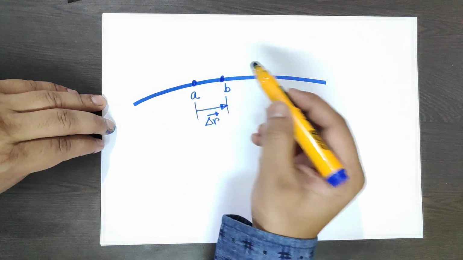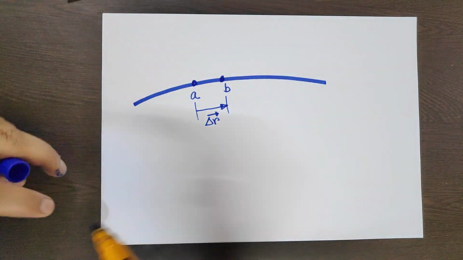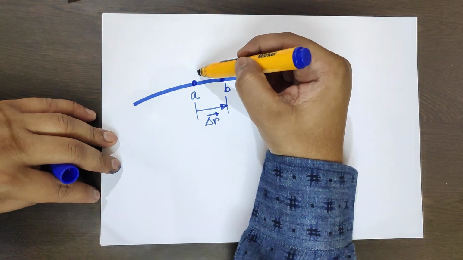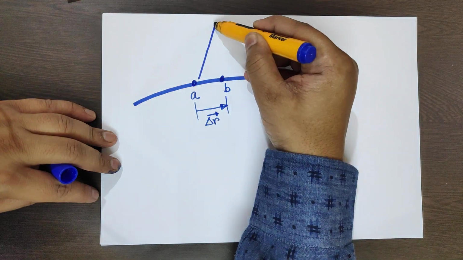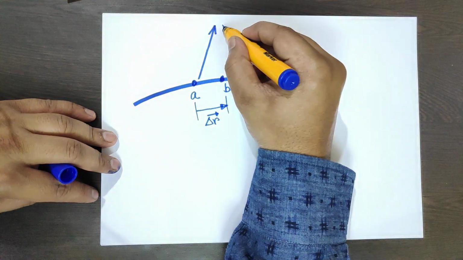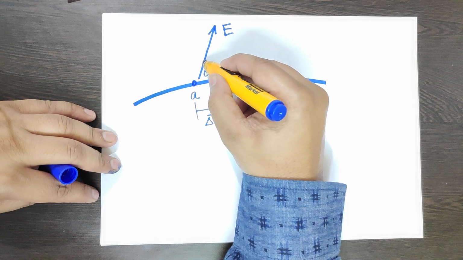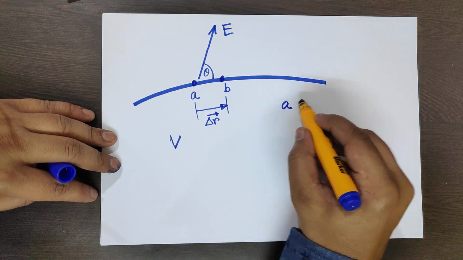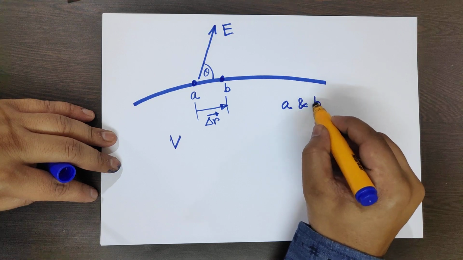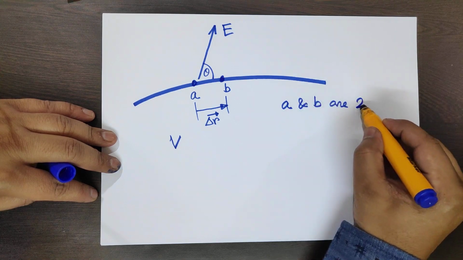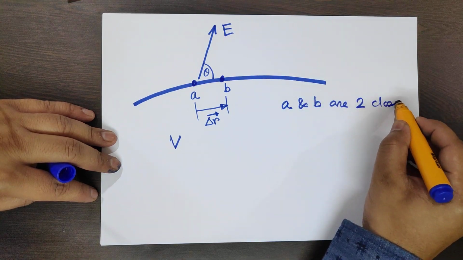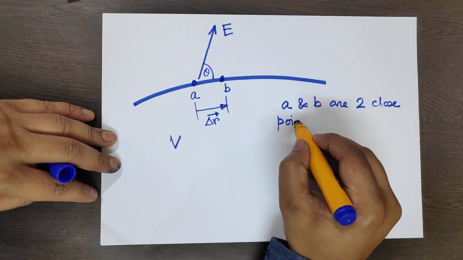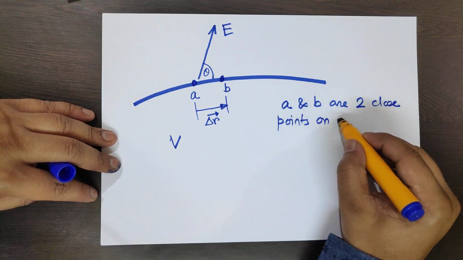Points 1 and 2 are very close to the surface. And suppose the electric field vector on the surface is E, making an angle theta. Now, we know A and B are two close points on an equipotential surface.